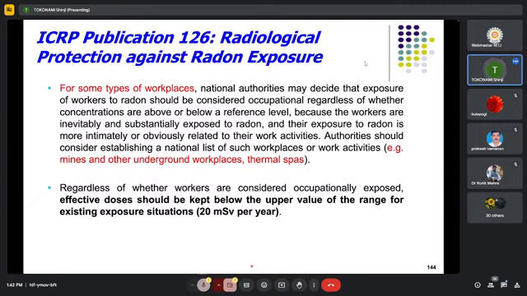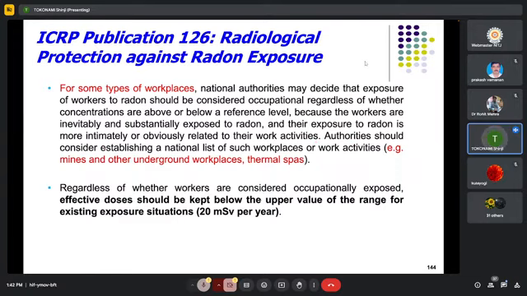For some types of workplaces, national authorities may decide that exposure of workers to radon should be considered occupational regardless of whether concentrations are above or below a reference level, because the workers are inevitably and substantially exposed to radon, and their exposure to radon is more intimately or obviously related to their work activities.